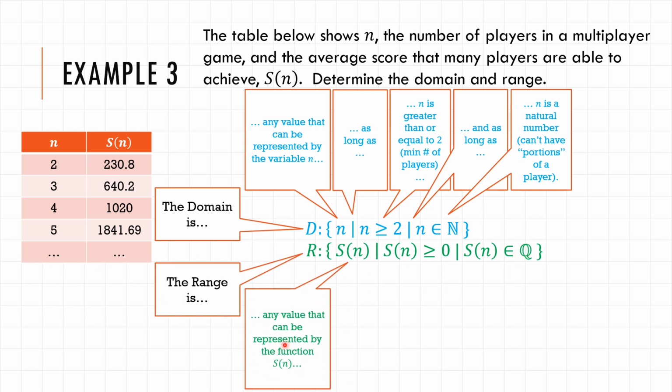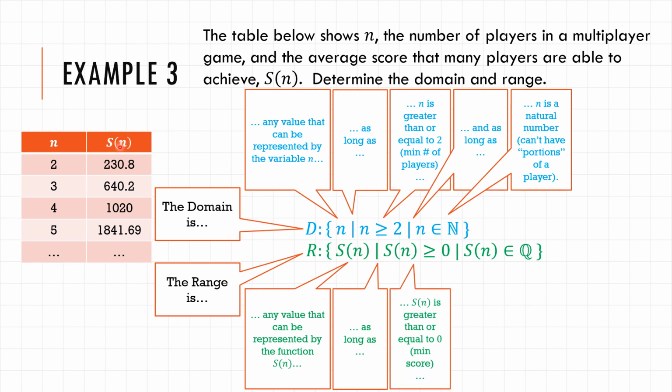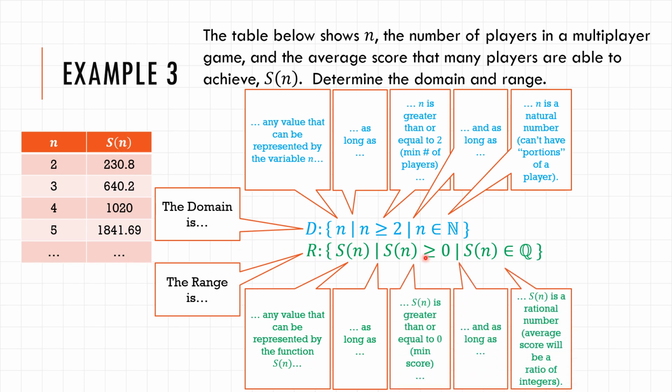So the range is any value that can be represented by s of n in such a way that this has to be greater than or equal to 0, and it has to be a rational number. Because if we're trying to find the average score for players, we would take all of the player scores, which is probably going to be a natural number, and then divide it by how many players there are. So that's a ratio of two integers.